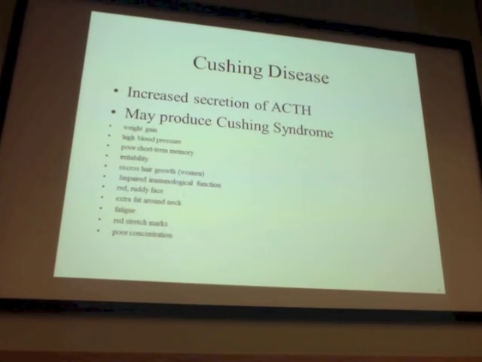And if they're not, well then you have to become suspicious that there might be a secretory tumor in the pituitary gland which is producing too much ACTH and is causing this constellation of symptoms. Okay?